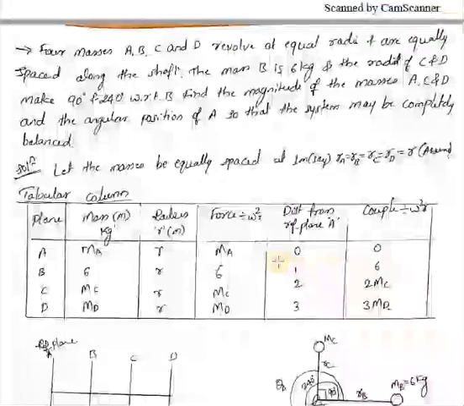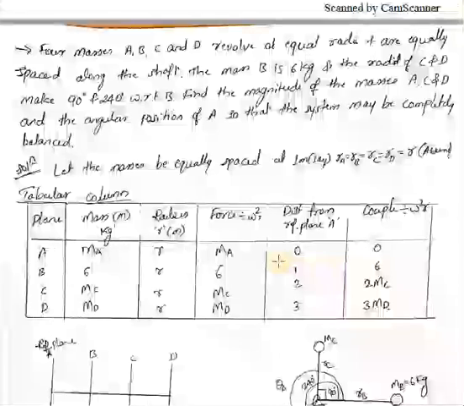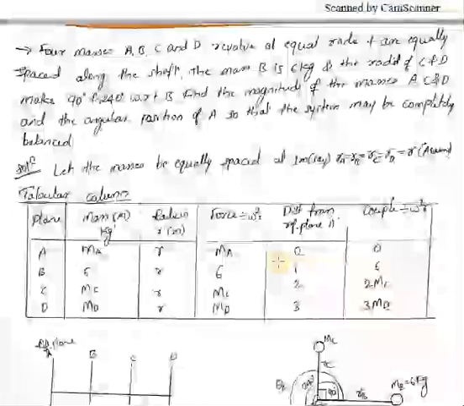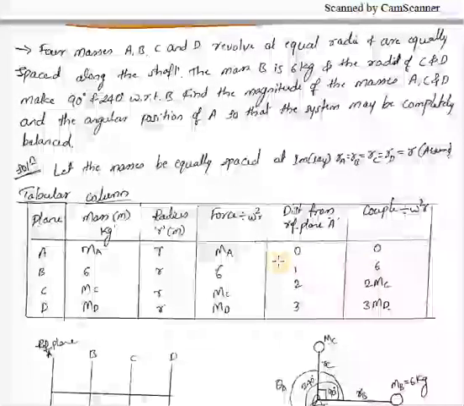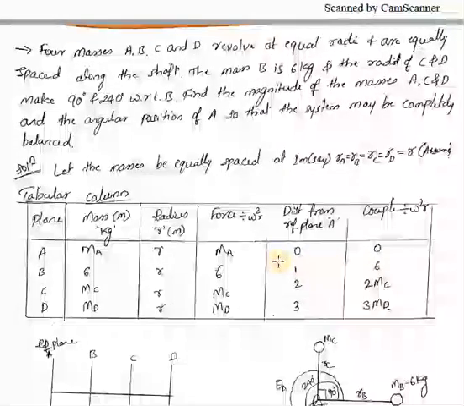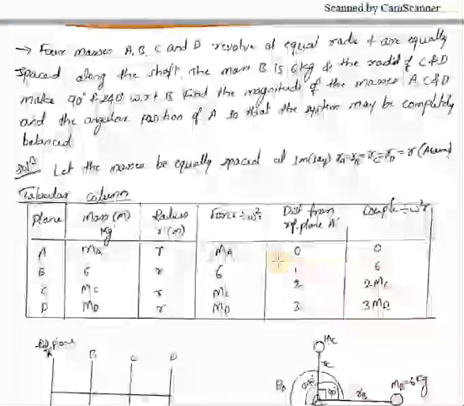So here he has given that they have the equal radius of rotation. So let us assume that it is 1 meter, that is RA equal to RB equal to RC equal to RD, which is equal to R.